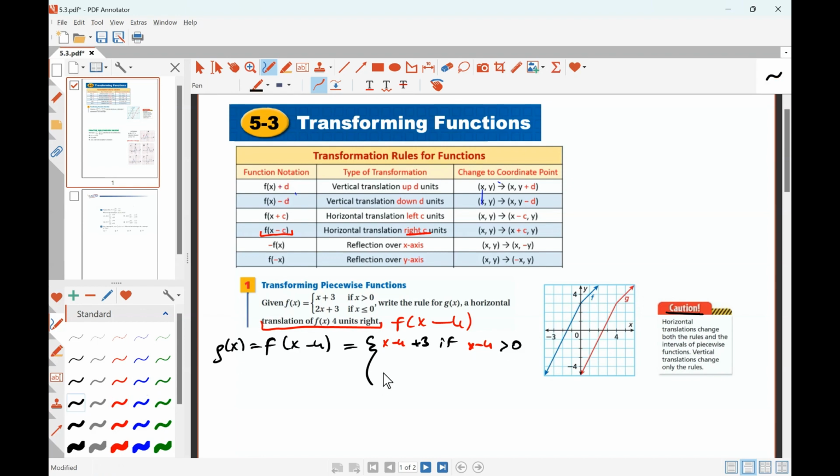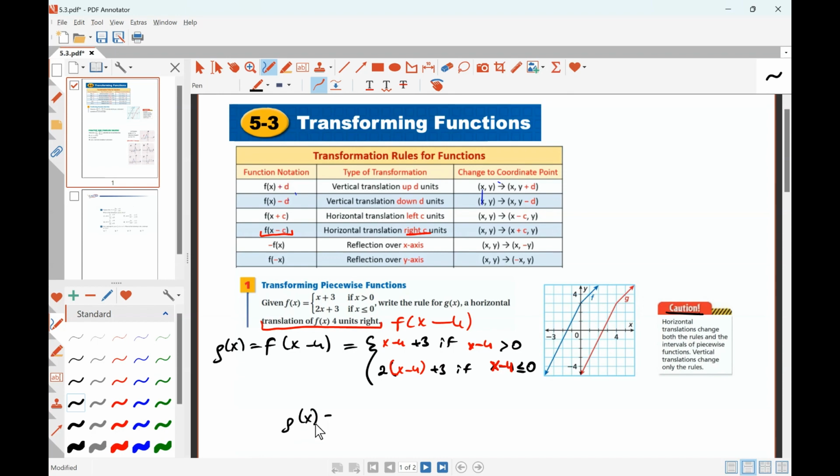And the second interval, we have 2 multiplied by, open the bracket, x is not alone anymore, x is x minus 4. So write x minus 4 inside the parentheses. This is very important. Plus 3 if x, which becomes x minus 4, is less than or equal to 0. So that's going to be our new function, g of x.